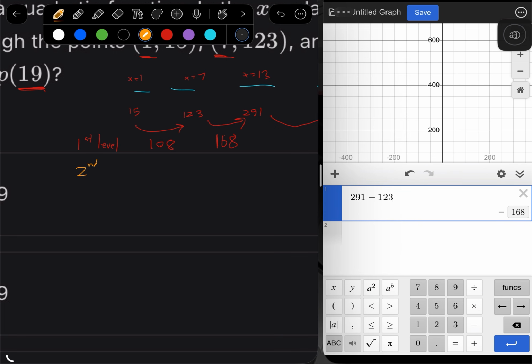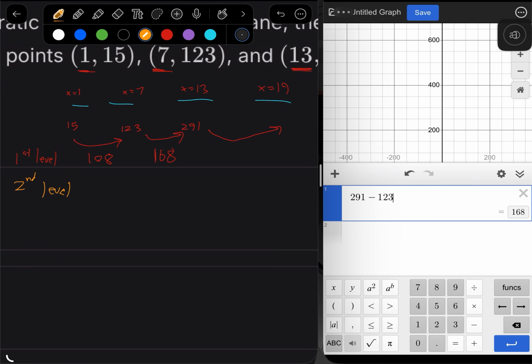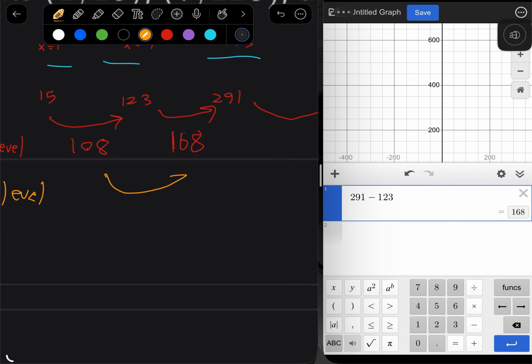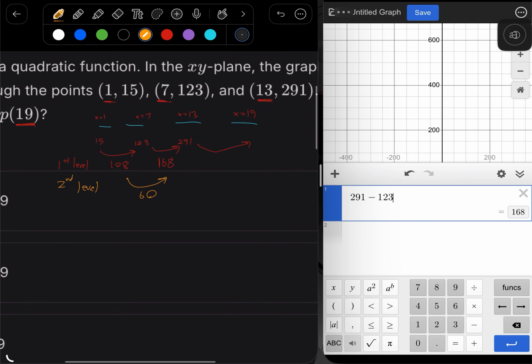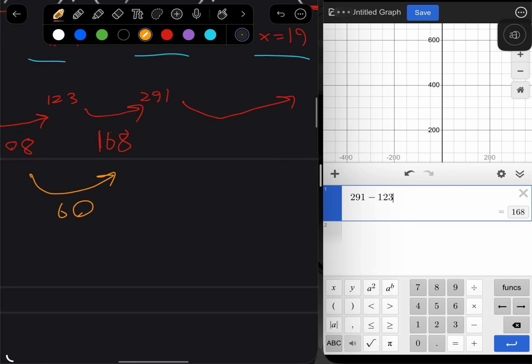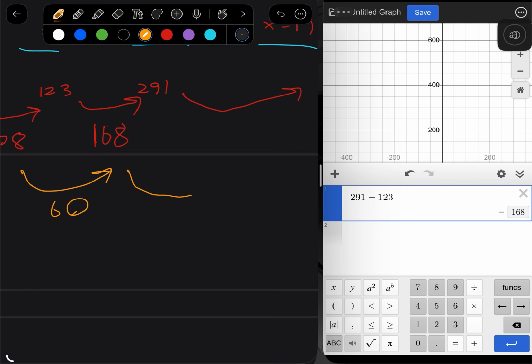An important thing to know about quadratics is that your second level difference is constant. So let's calculate that. Here, the second level difference is 60. Again, a very important thing to know is that your second level difference for quadratics is always constant, which means the jump from 168 to whatever this might be is also 60.